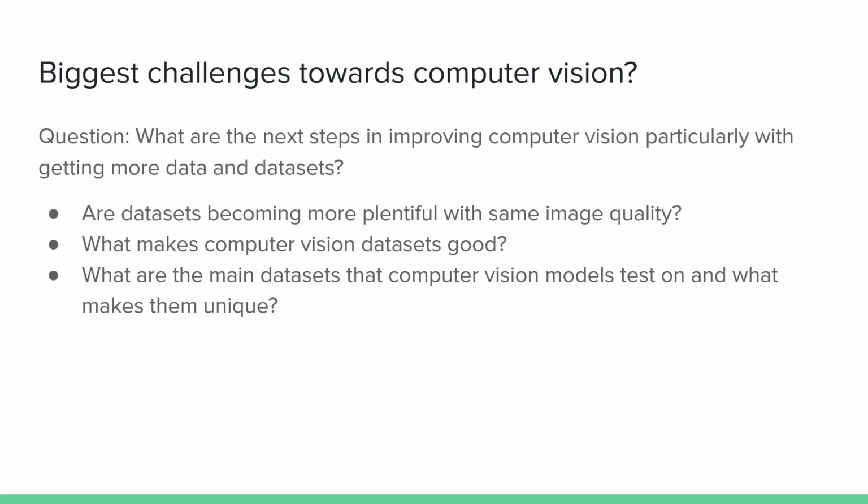Within this question come multiple other questions, but since I have a background in computer vision, this will help me make sure my question isn't too broad. I definitely don't want this question to be too broad, but I also don't want it to be too narrow that I'm not finding new ways that this challenge could be applied and what potential solutions could come from this problem. I want to answer some other questions as well, such as are datasets becoming more plentiful with the same image quality?